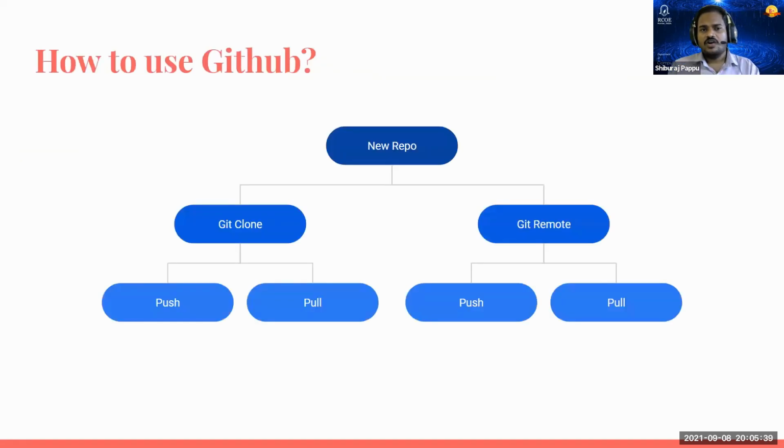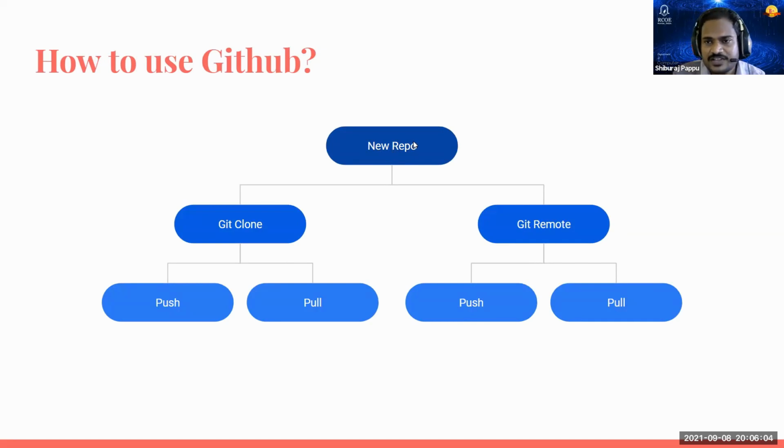Now, how to use GitHub. To use GitHub, there are two ways. I have explained both these ways before in the first Git operation. Whether you are using the Git clone method or the Git remote method, in both cases your first job is to create the repository.